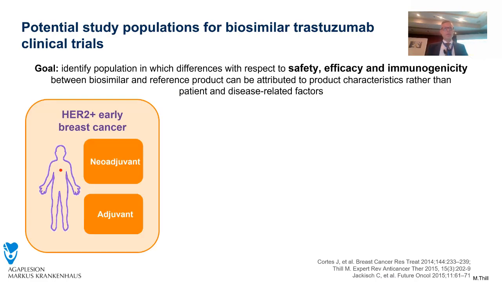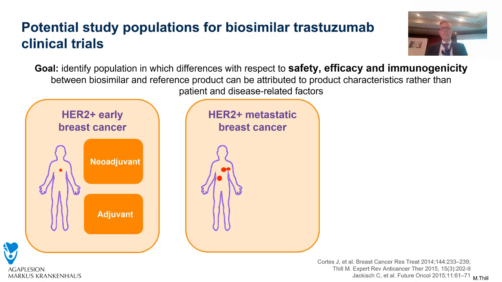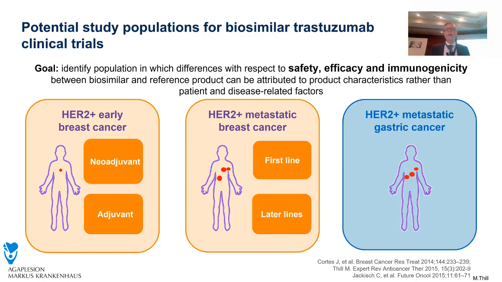Potential study populations, therefore, could be in my field, in breast cancer, the neoadjuvant and adjuvant setting, the metastatic breast cancer setting, first and later line, and we'll talk about trastuzumab that is approved for gastric cancer as well, and HER2 metastatic gastric cancer.